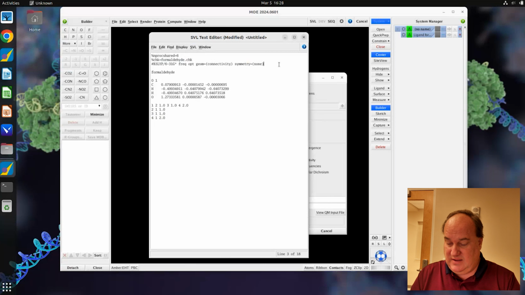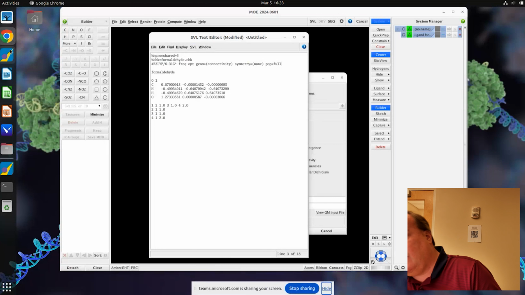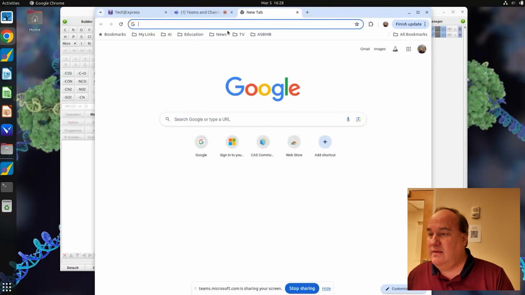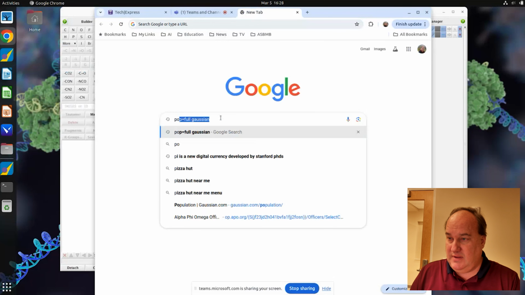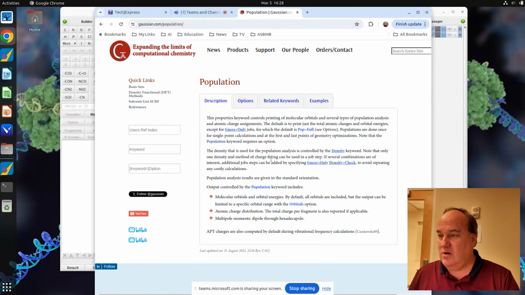I'm also going to add a keyword, pop equals full. Now what does that keyword do? Let's take a look. Pop equals full in Gaussian. This is the population keyword.